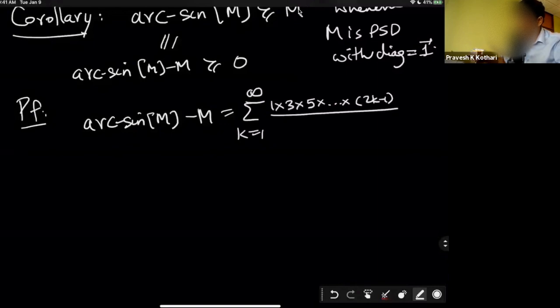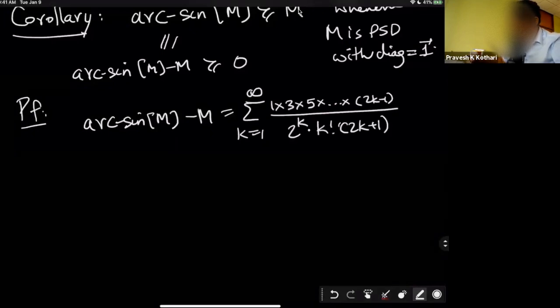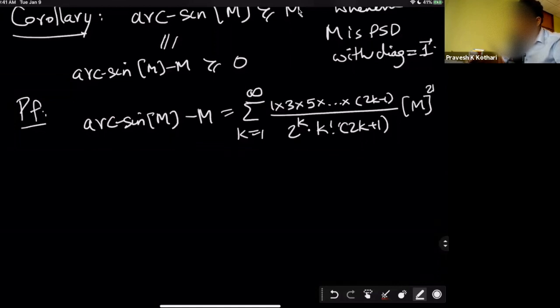The kth term looks like a product of all odd integers less than 2k, something like this, times M to the 2k plus 1. I'm sure this is not super important, but it's so cool, so I wanted to write it down. And so the only observation is that these terms are non-negative. So we are done.